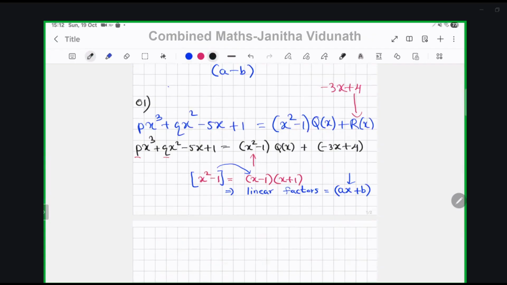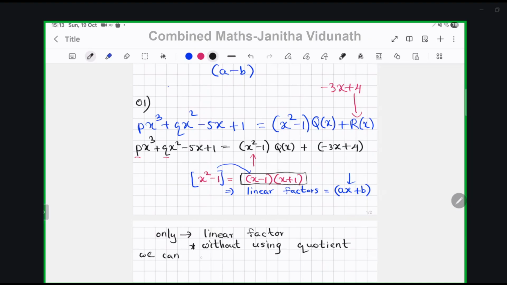If we can rewrite our divisor as a product of linear factors, only linear factors, then without using the quotient, we can solve questions.